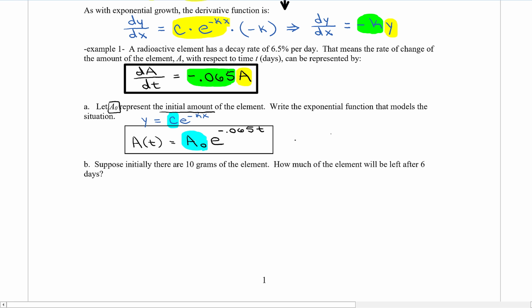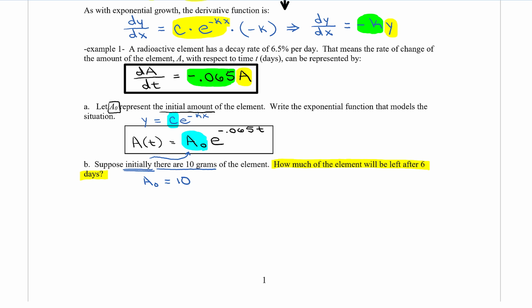B. Suppose initially there are 10 grams of the element. How much of the element will be left after 6 days? I'm going to double underline the word initially, and underline the words there are 10 grams. From the word initially, I'm going to draw an arrow pointing upwards to the A sub 0, because whenever they use the word initially or initial value, that represents my A sub 0, my initial value.